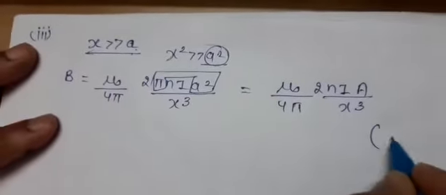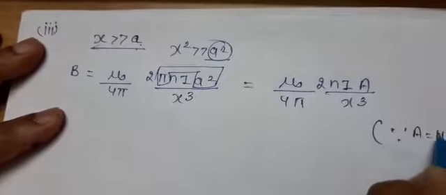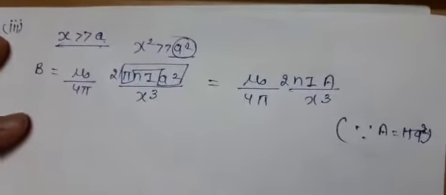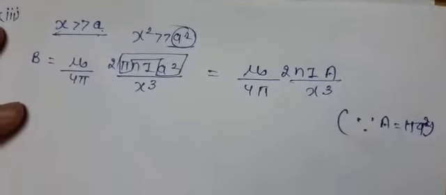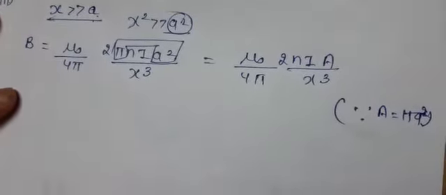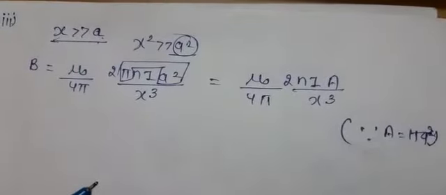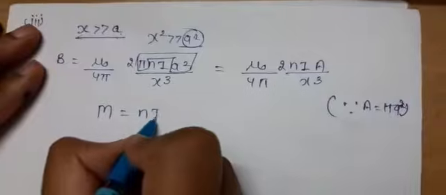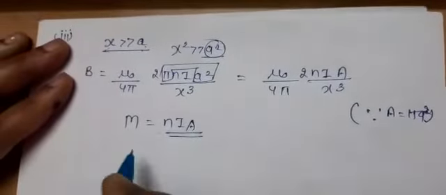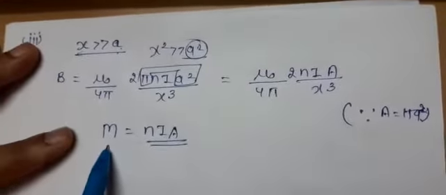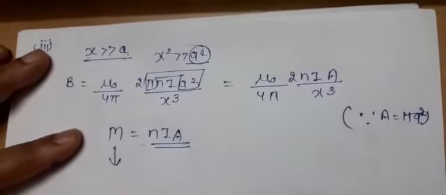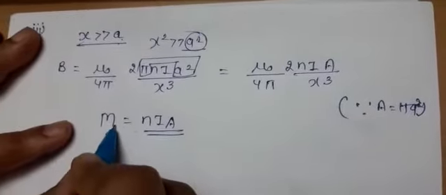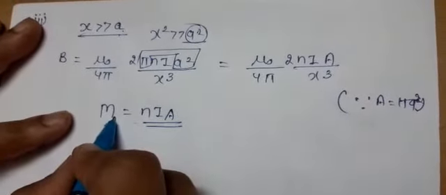Now you can write it with A as pi a square. This result in itself is complete, but one more point I will discuss here: m is equal to NIA. This NIA is replaced by one symbol m. What is m? This is very important. Like we did the electric dipole moment in electrostatics, here also we will introduce it later on, but here it will be used as a formula.